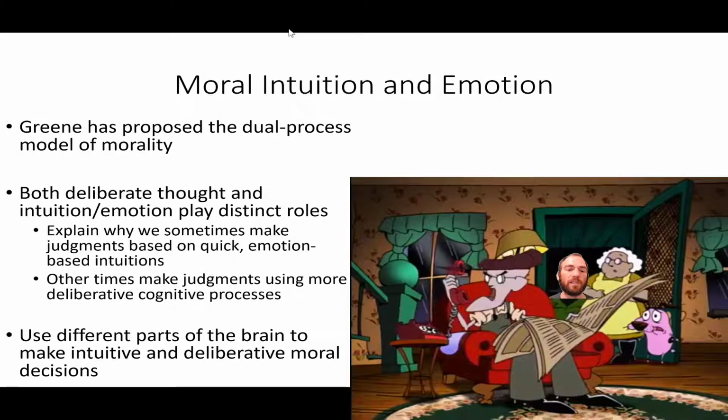So basically the argument here is that both deliberate thought and this emotional, more reactive, intuitive processing of morality and decision-making play distinct roles. This author is arguing that sometimes you have to make a quick decision, other times you have more time, and thus can take your time to go about this deliberative cognitive process.